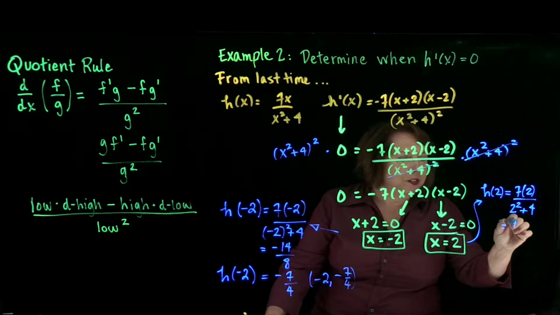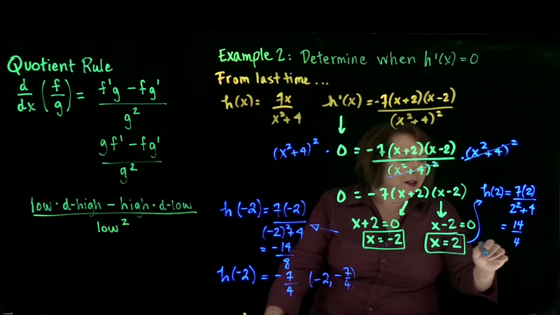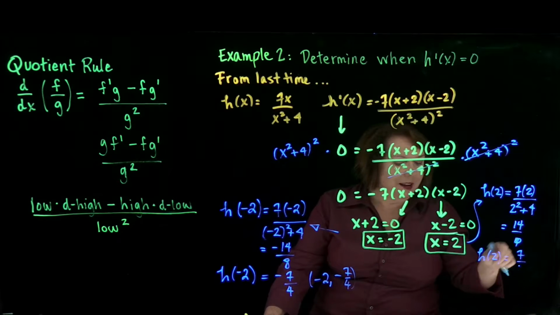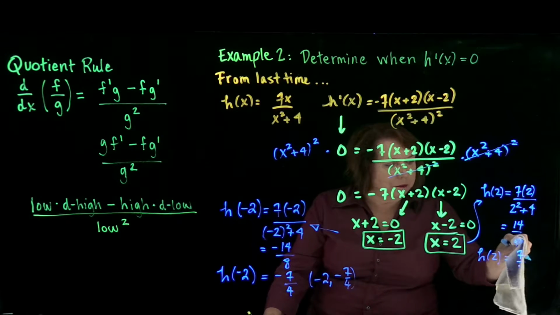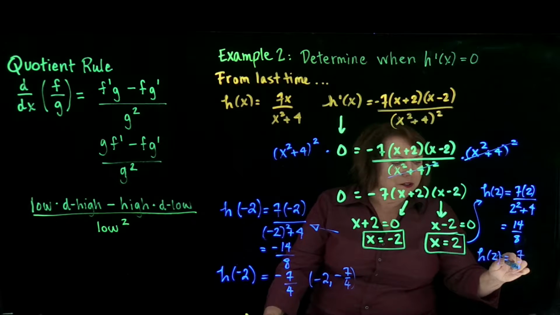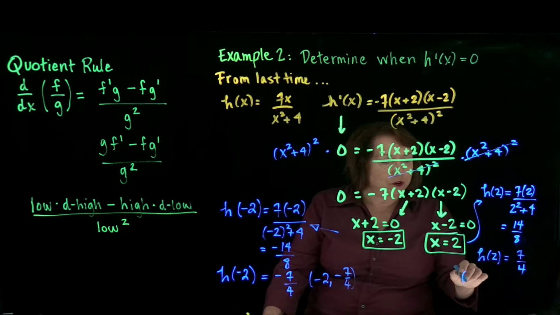So we'll have 14 over 8. Sorry, let's fix that up, my mistake. So our answer is 7 over 4. So we have an ordered pair at x equals 2. The height is 7/4.